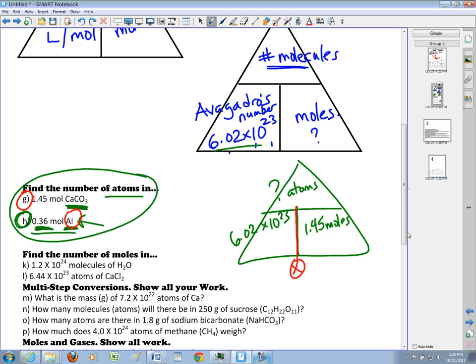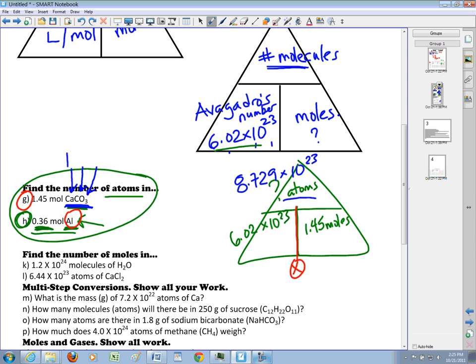Now the number I get here is 8.729 times 10 to the 23rd. That is actually equal to not necessarily the number of atoms, but the number of molecules. Because I have several different types of atoms here.